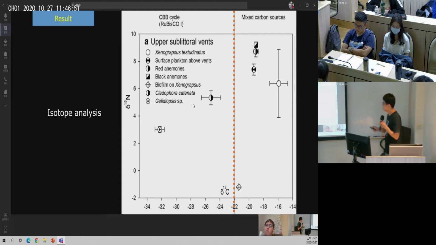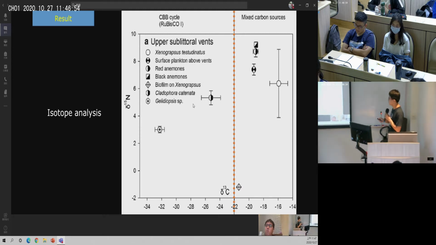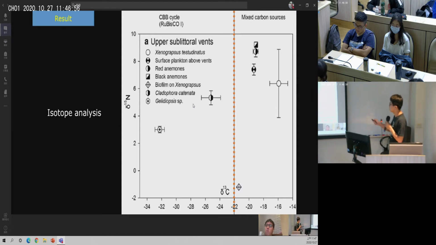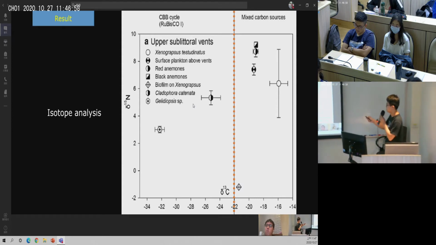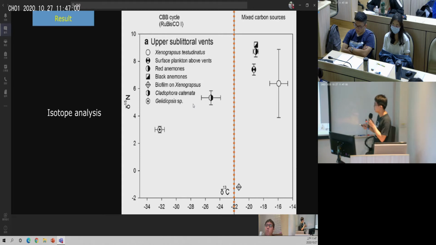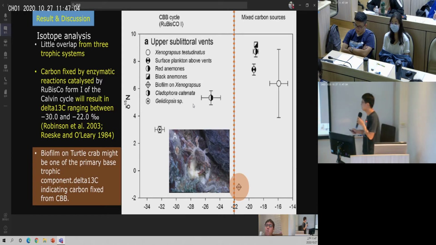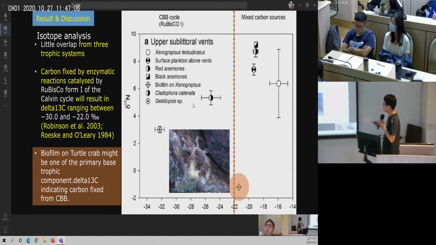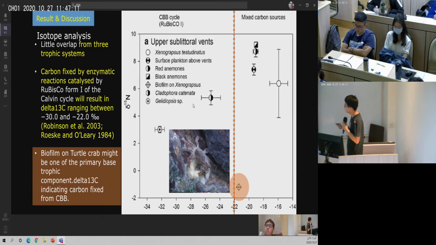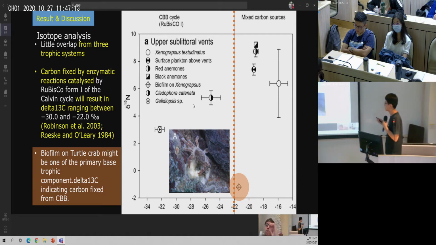You can see different icons mean different species, and this is the upper sublittoral vents, which means the coastal one. First, we see there is little overlap, they are not very similar, so we cannot find a very similar trophic relationship.